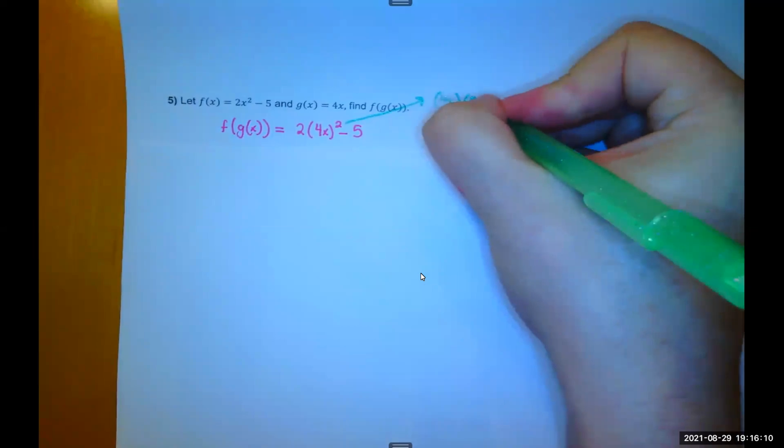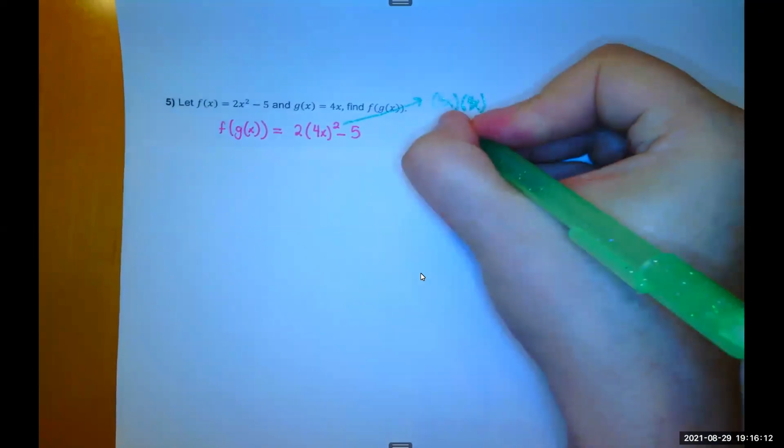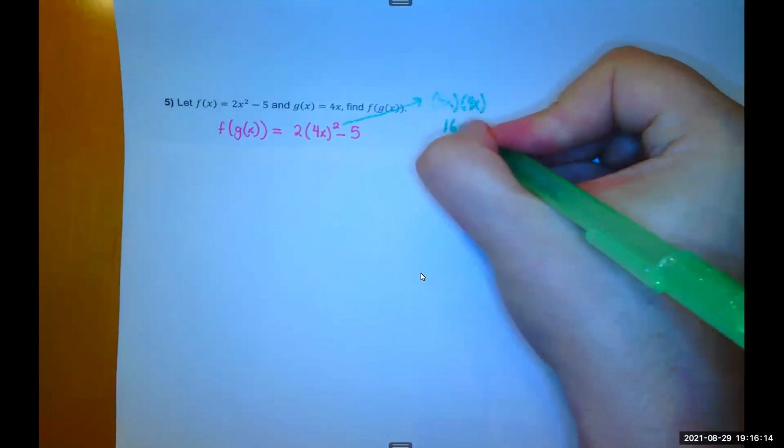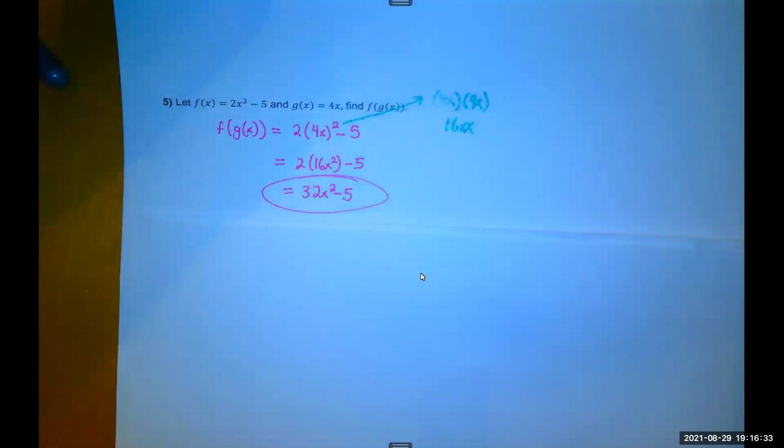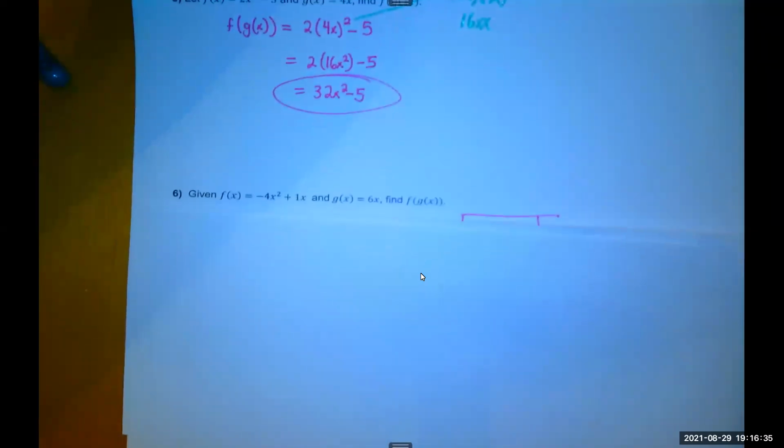In this case, 4x times 4x. That's a 16, x times x. X times x becomes x squared. So we have 2 times 16x squared minus 5. 2 times 16 is 32. Once again, we do not have like terms. We have 2 terms in our final simplified answer.